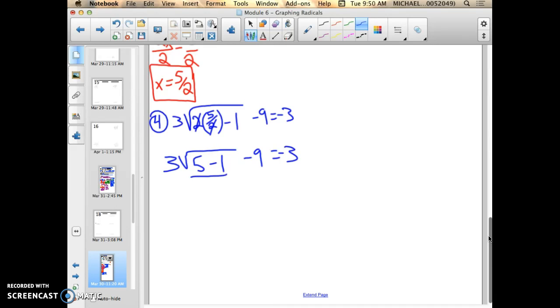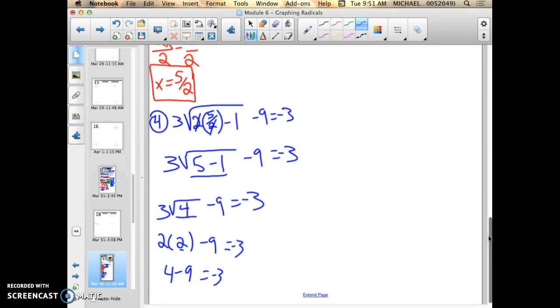5 minus 1, so 3 times the radical of 4 minus 9 equals negative 3. Square root of 4 is 2, so now I have 3 times 2. This became a 2 here, and it's still multiplication. Minus 9 equals negative 3. And then finally, 2 times 2 is 4. 4 minus 9, let's see if that equals negative 3.